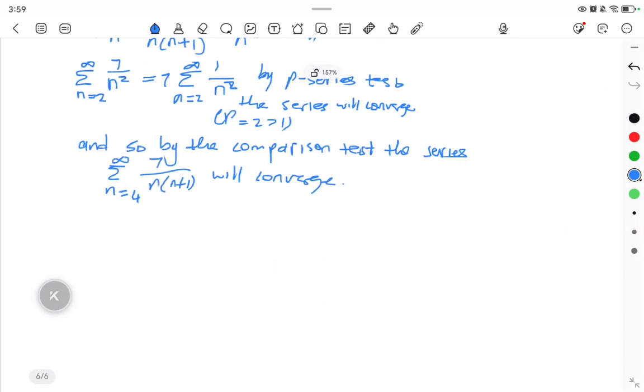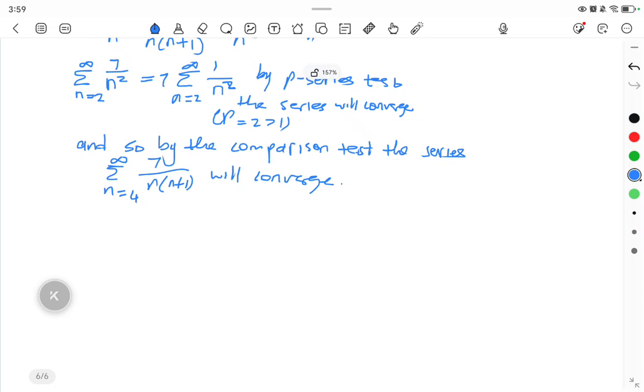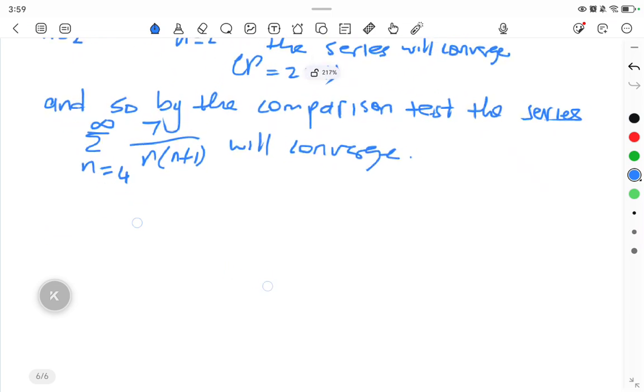Then now let me do one last problem from this. Let's hope this problem also includes a limit comparison test. Then we come to 4.